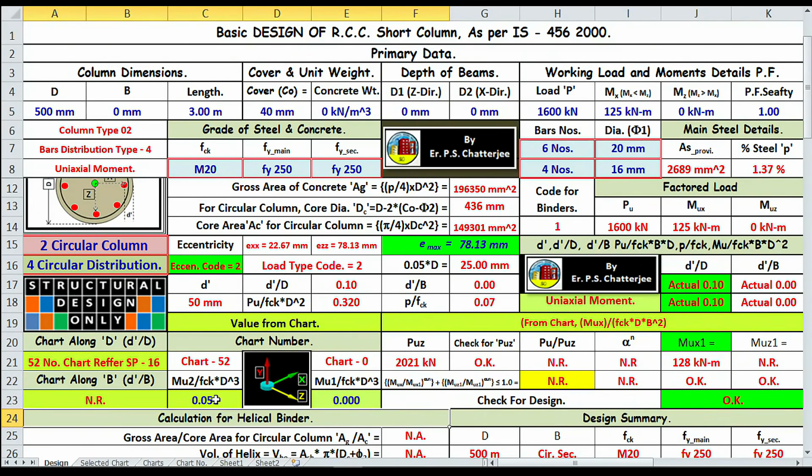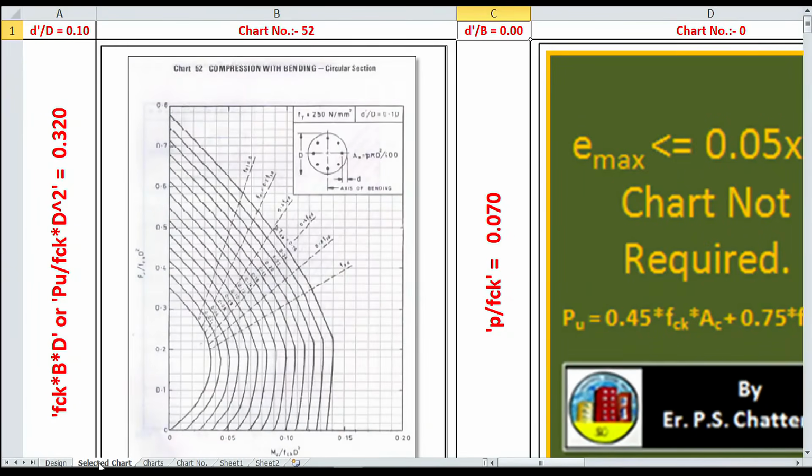So we require the value of Mu by fck b d cube is 0.051. Now look here from chart, d dash by D 0.1, fy 250, okay.